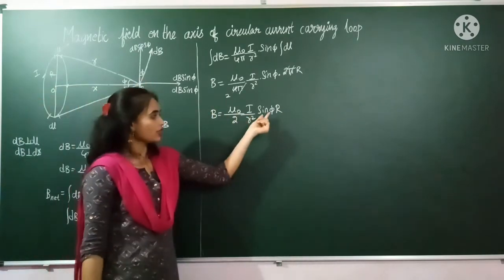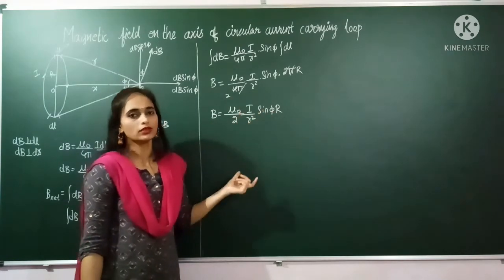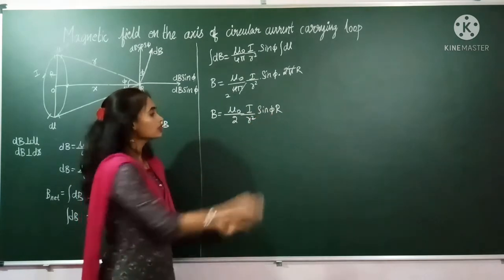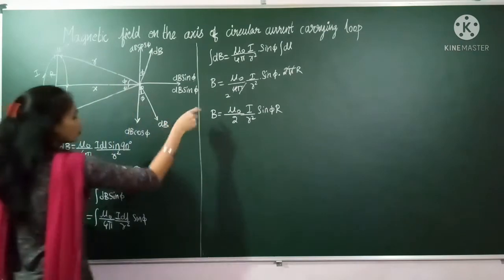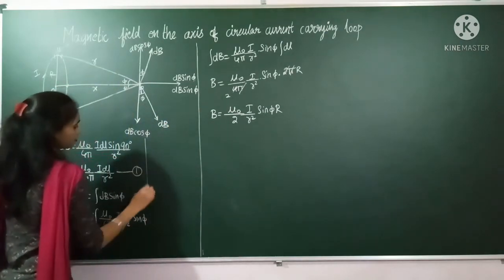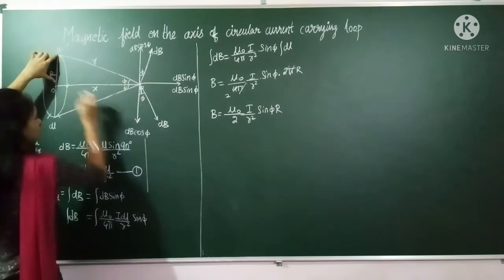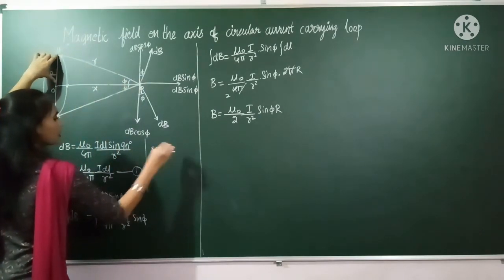But in the examination they will not give this sin φ value. Whenever you are solving a mathematical problem, they will not give this sin φ value. So we have to convert this sin φ value in terms of R and x. In this triangle, sin φ can be written as perpendicular by hypotenuse.